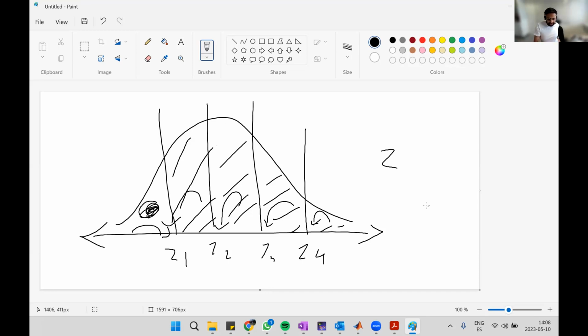So you see, like here, if you cut it into 4 parts, then you have 5 different regions. So we always cut it into an odd number so that you have an even number of regions. I will tell you why it is good to cut into an odd number of regions: because it's a normal distribution, you will then always have a 0 in between.